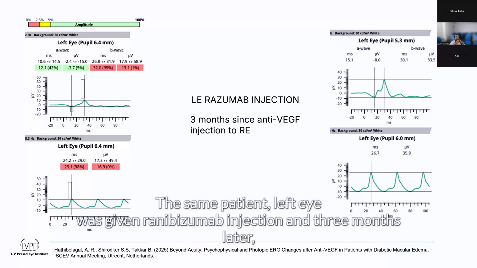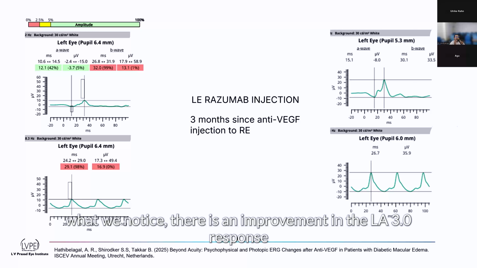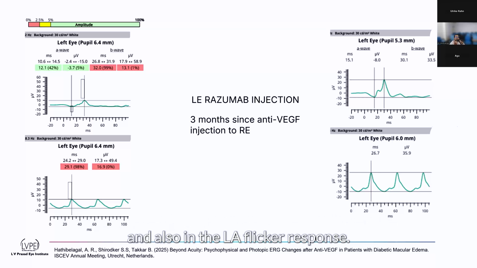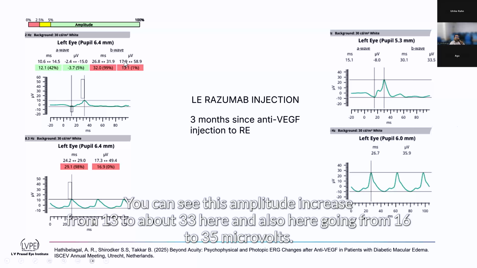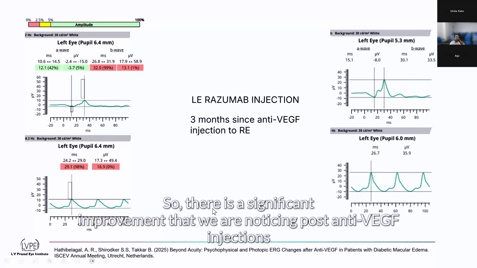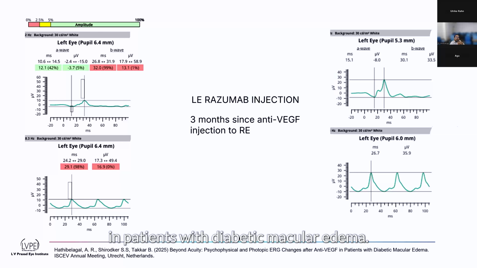The same patient, left eye, was given a ranibizumab injection, and 3 months later we notice an improvement in the LA 3.0 response and also in the LA flicker response. The amplitude increased from 13 to about 33 here, and here from 16 to 35 microvolts. So there is a significant improvement post anti-VEGF injections in patients with diabetic macular edema.